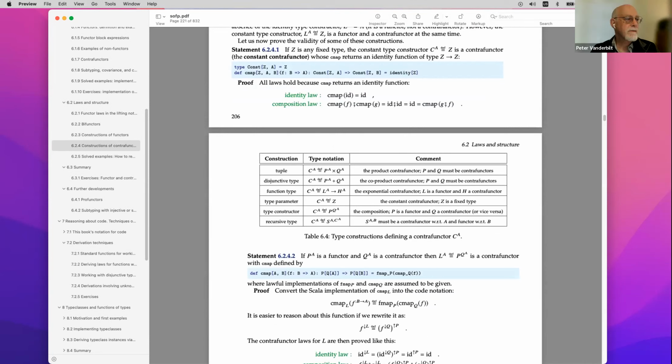Table 6.3, recursive disjunctive types, is basically a list of examples of how to use recursive constructions to do common things.